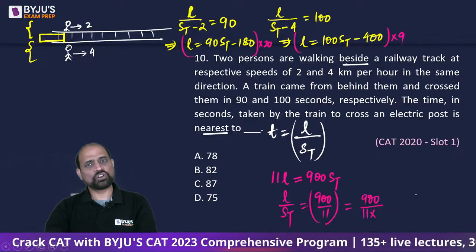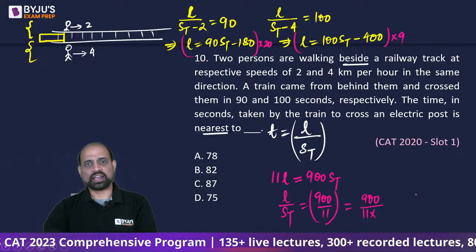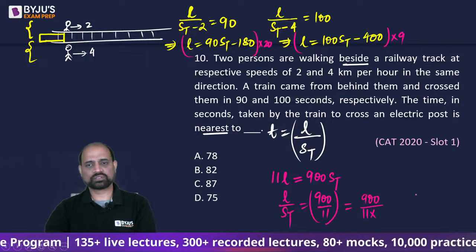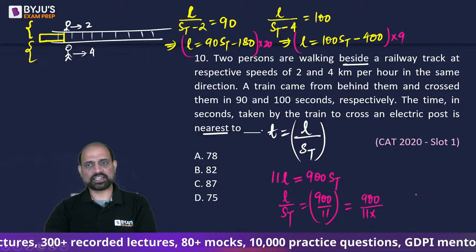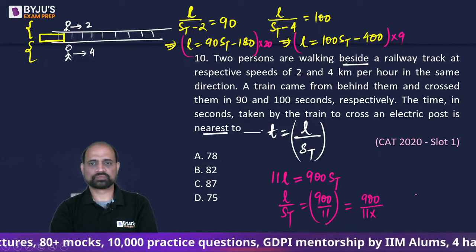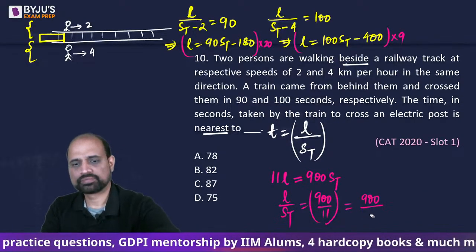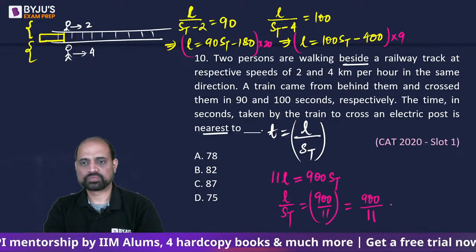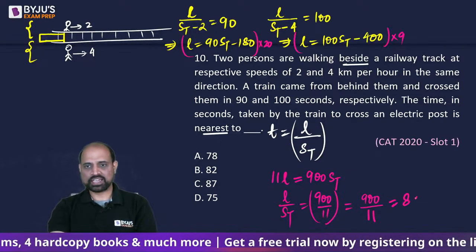No, 11 is already in terms of seconds, isn't it? 90 into ST is seconds only. So that is in seconds. This is already in seconds. We don't have to make any changes. So how many times is this going to be? So this is going to give us 82 seconds.